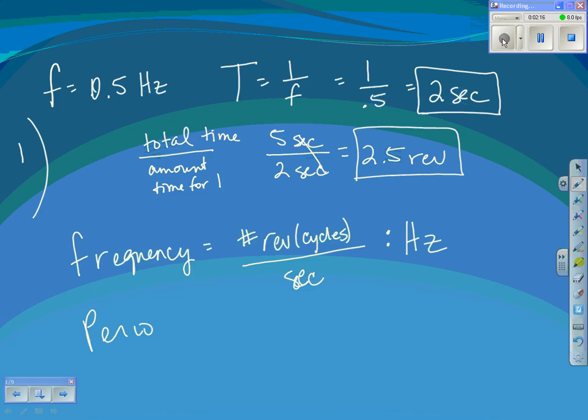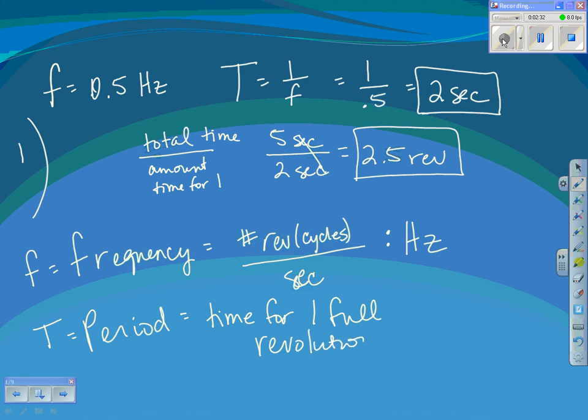Period, oops, this is F, this is T. Period is the time for one full revolution, and this is measured in seconds. So it's a basic reminder. Make sure you know those definitions as well as how to apply them.